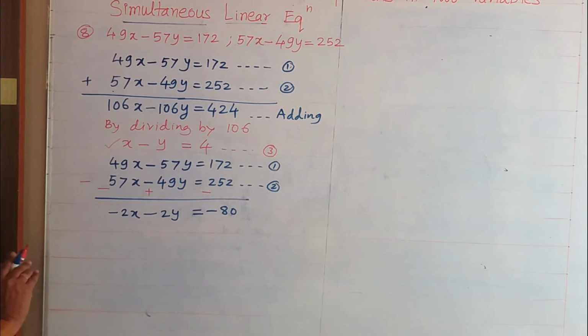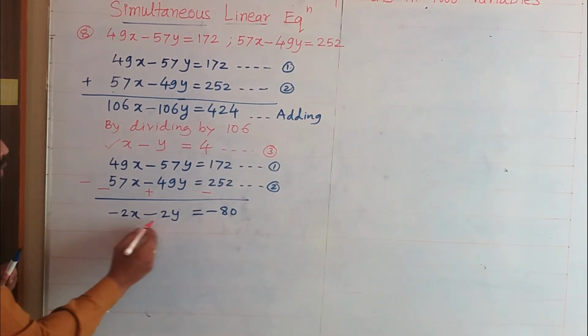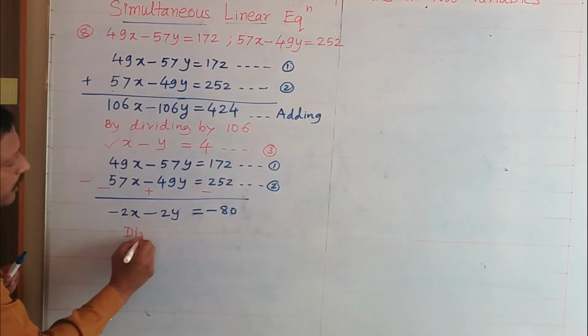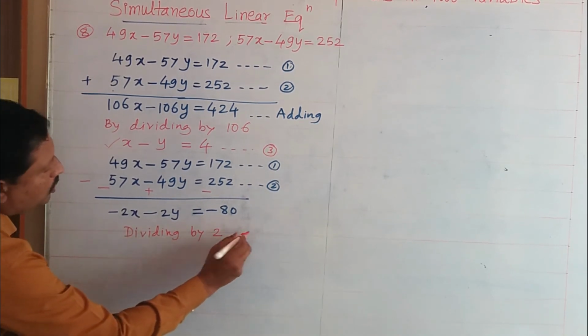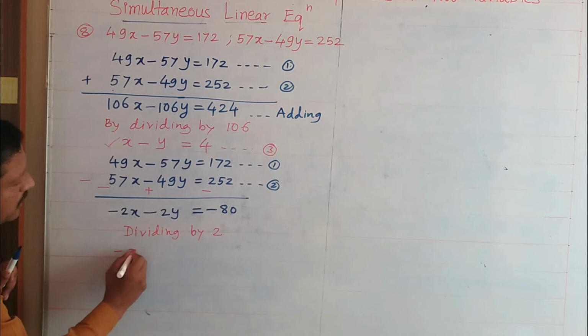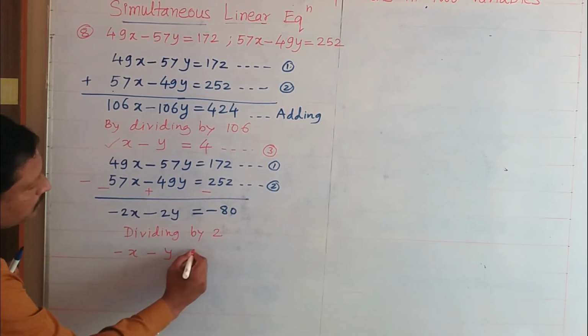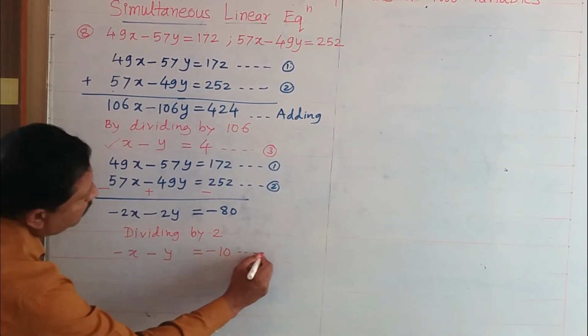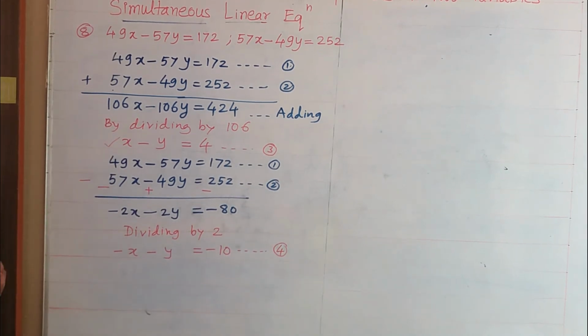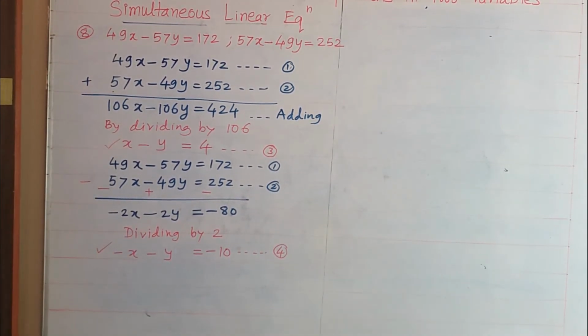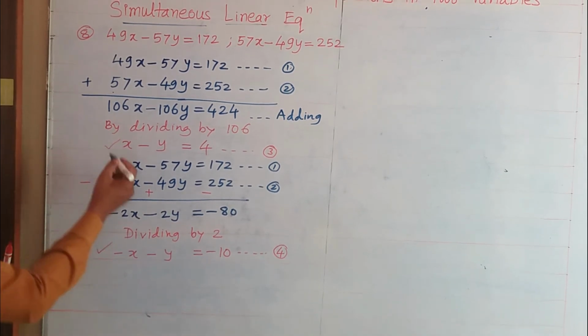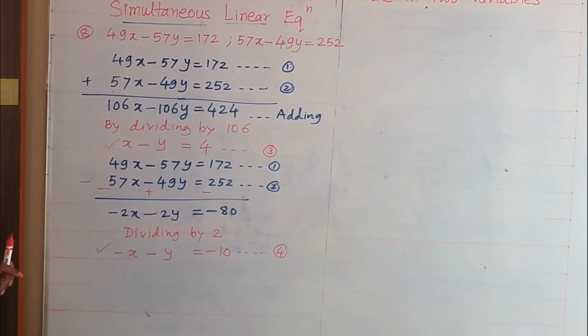So dividing by 2 on both sides, we get minus x minus y is equal to minus 10, equation number 4. Equation number 3 and equation number 4, observe and solve. So add equations 3 and 4, and we get the value of one variable.